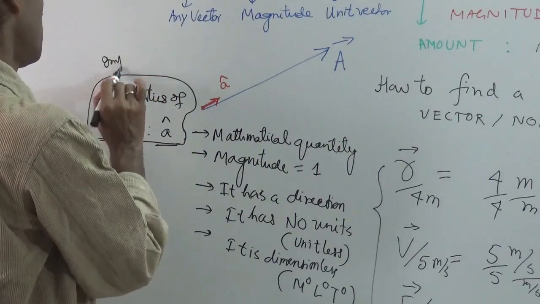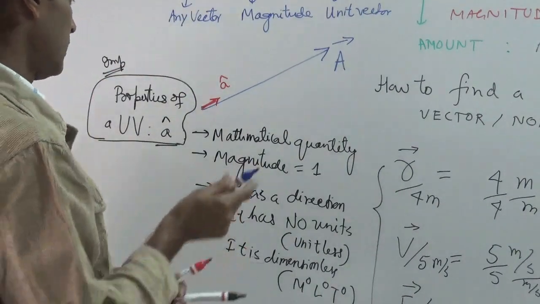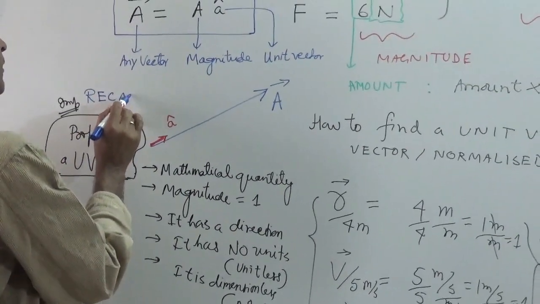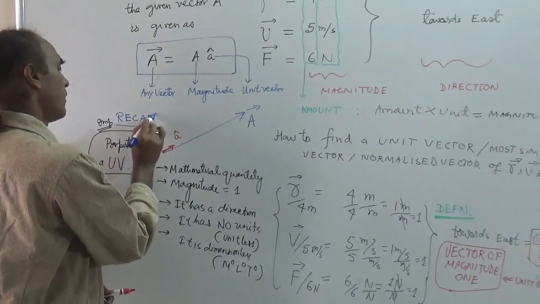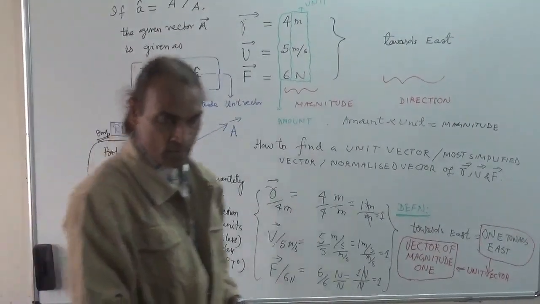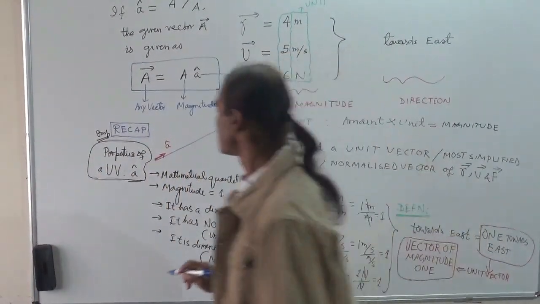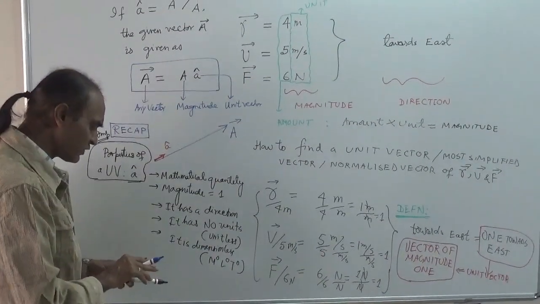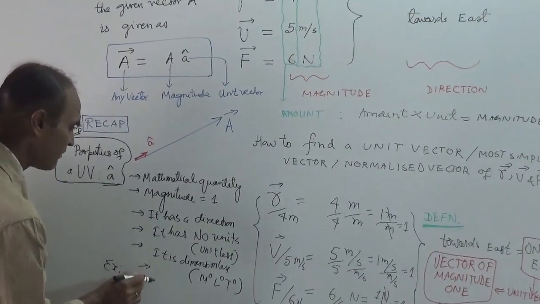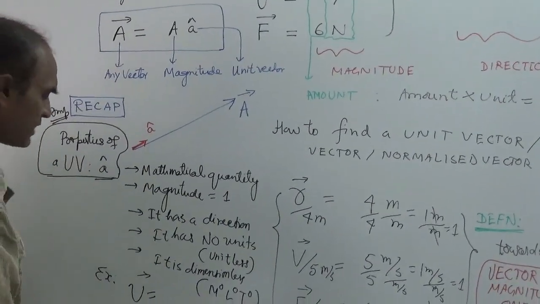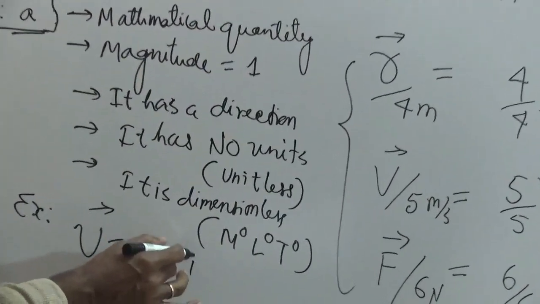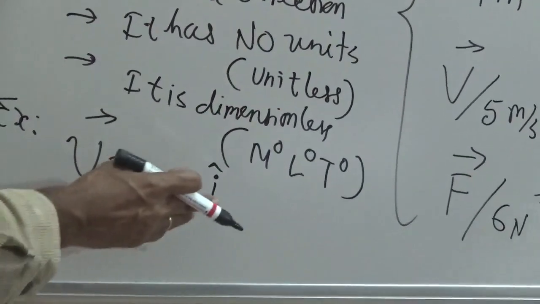This is the thing to recap. So any vector, if you take the velocity vector, for example, and it is directed towards east, its unit vector can be written as I cap.